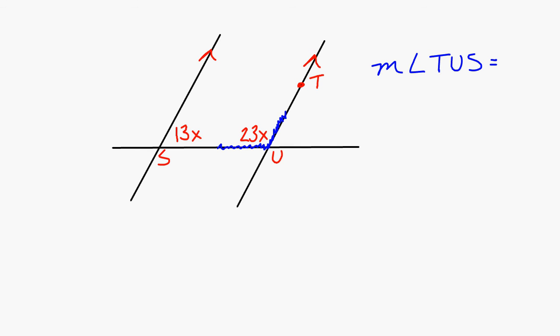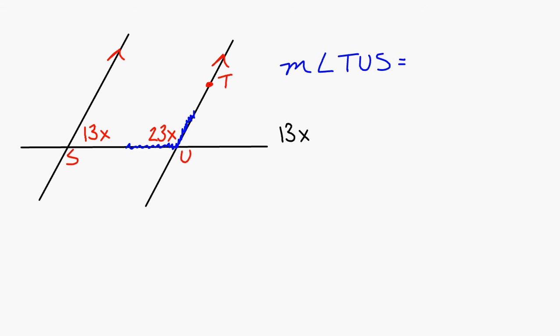Now, those two angles, they're same side interior, aren't they? And what did I tell you about same side interior? Sum 180. So 13x plus 23x equals 180.